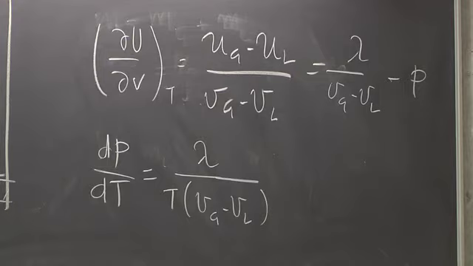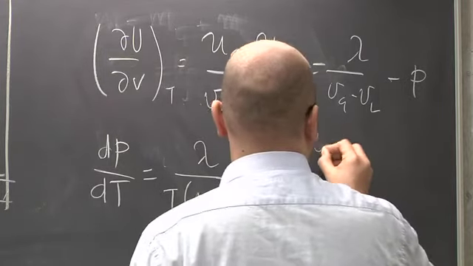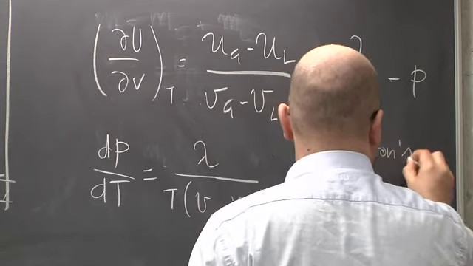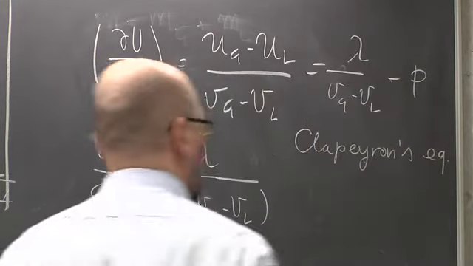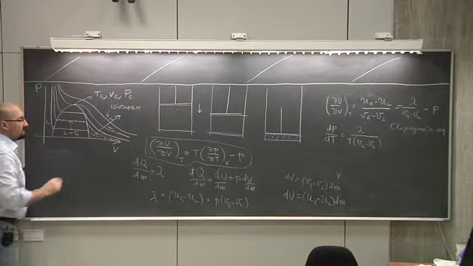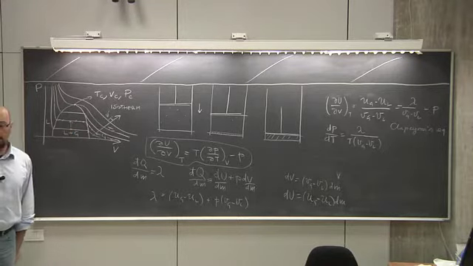This is called the Clapeyron equation. And it tells you how, for a real substance, the saturation pressure changes with the temperature.